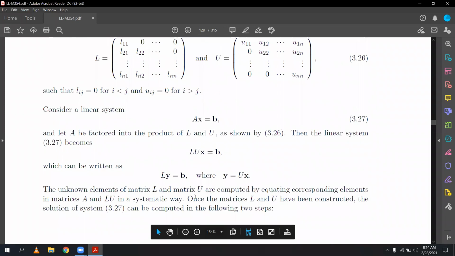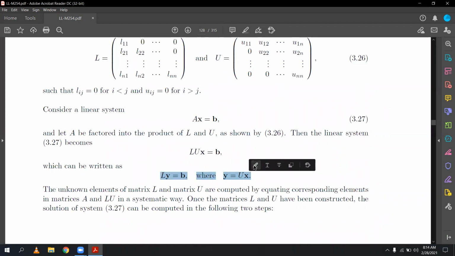Then we solve these two systems. Ly equal to B: L we know from the first step, B is given by the teacher. You use forward substitution to find the value of Y. And when you have the value of Y, you do the last step, Ux equal to Y that we just got. This is called LU decomposition.